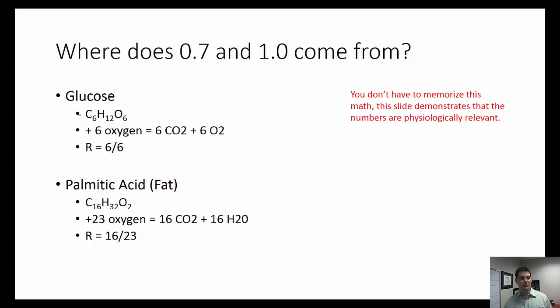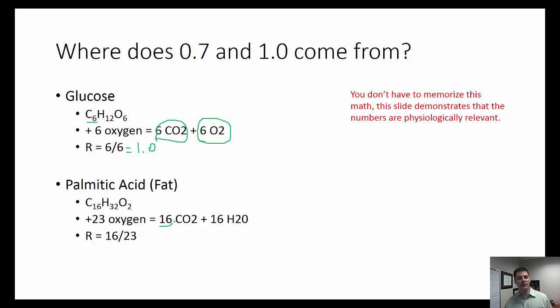So here's our formula for glucose, C6H12O6. As you should know from class, again, when we have a 6 carbon molecule, we produce 6 CO2s. We also consume equally 6 oxygens. Therefore, our RER is 6 divided by 6, which tells us our RER is 1.0. In a fat, here's a 16 carbon fatty acid.